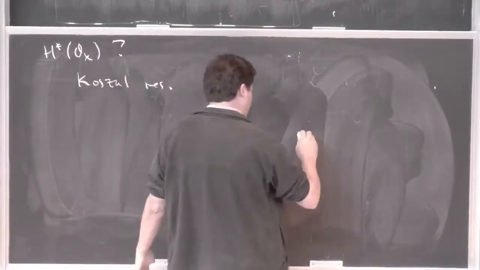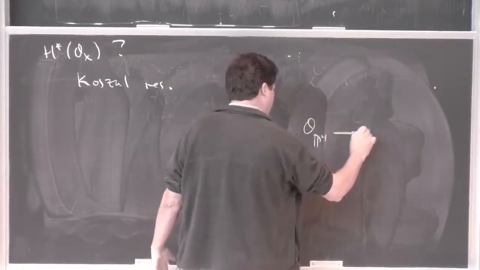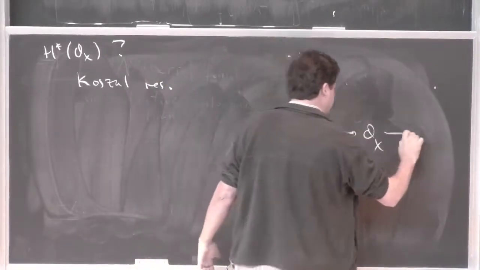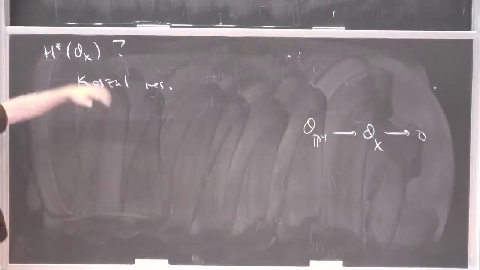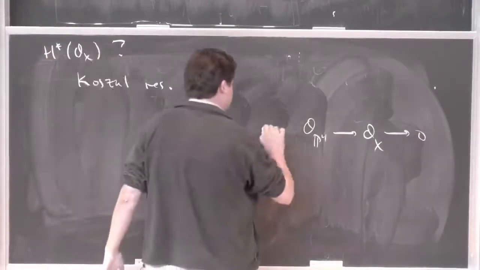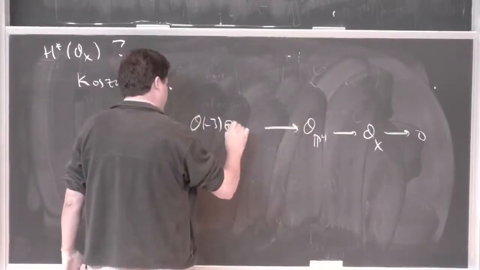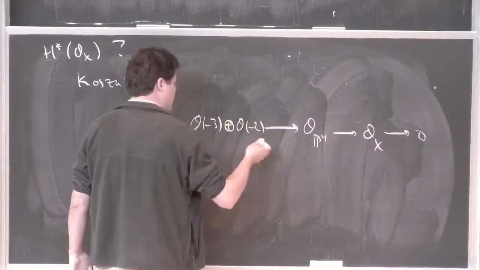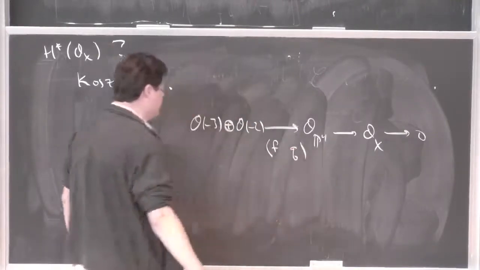And so I have this map from O_P4 to O_X, which is surjective. And the ideal sheaf of X is just generated by Q and F. And so this kernel is given by the map from O(-3) plus O(-2). This is given by F and Q.